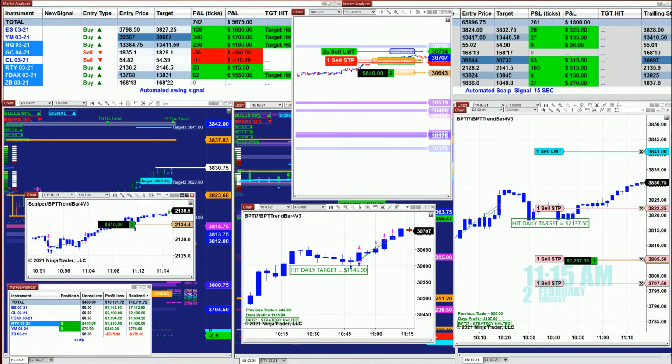This is a big trade for scalping, and has not closed position yet.